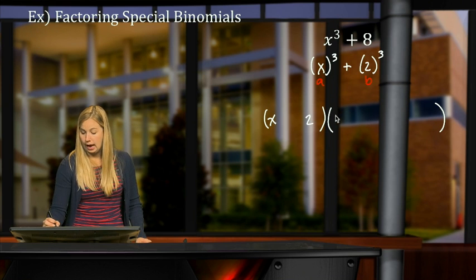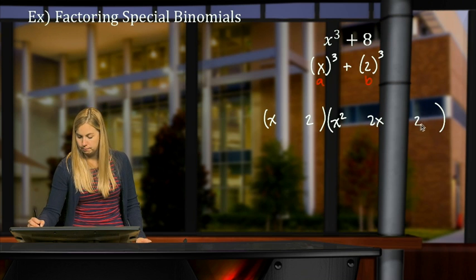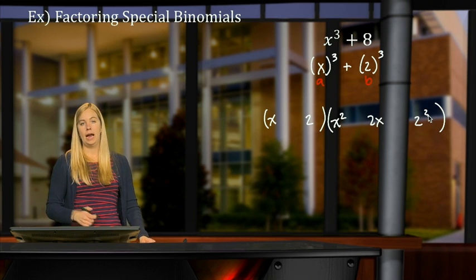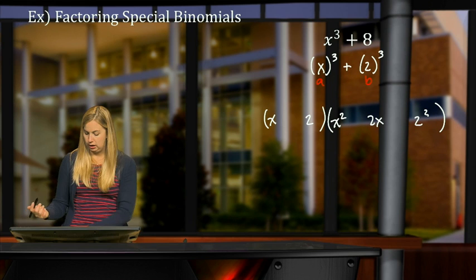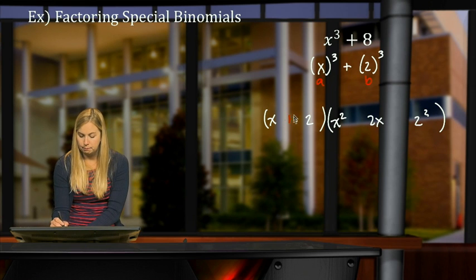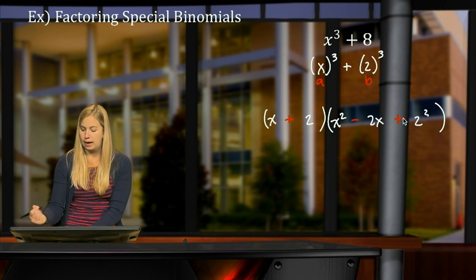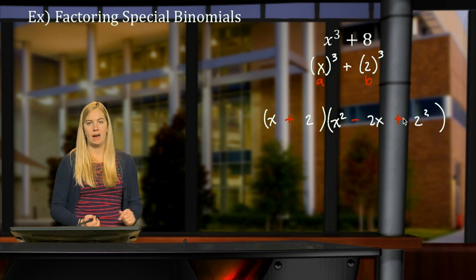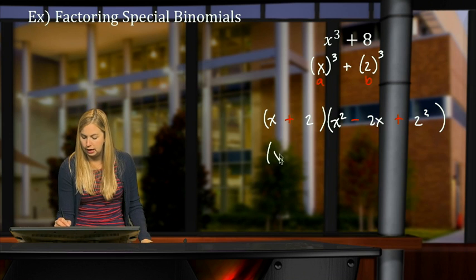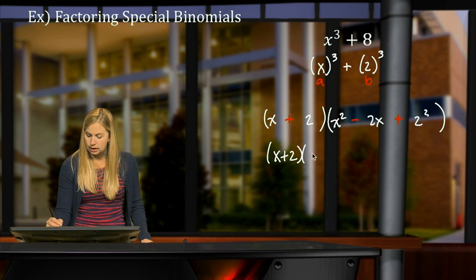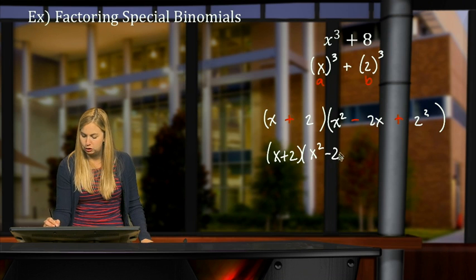AB, a squared, AB, b squared. And now we can fill in our signs using SOAP. Same, opposite, always positive, and then simplify just so that our answer looks nice and pretty. X plus 2 times x squared minus 2x plus 4.